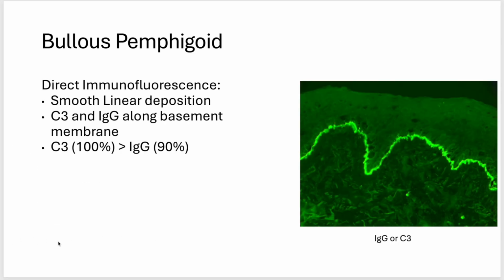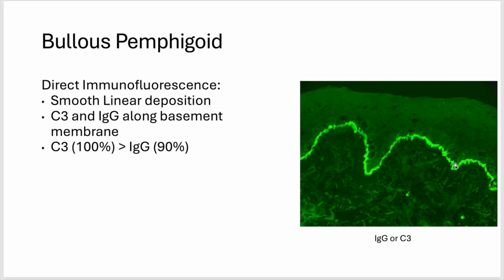And finally, when we perform the direct immunofluorescence study, it has a classic finding. You will see smooth, linear deposition of C3 and IgG along the basement membrane zone. And interestingly, C3 is seen in nearly 100% of the cases, while IgG is seen in about 90% of the cases.